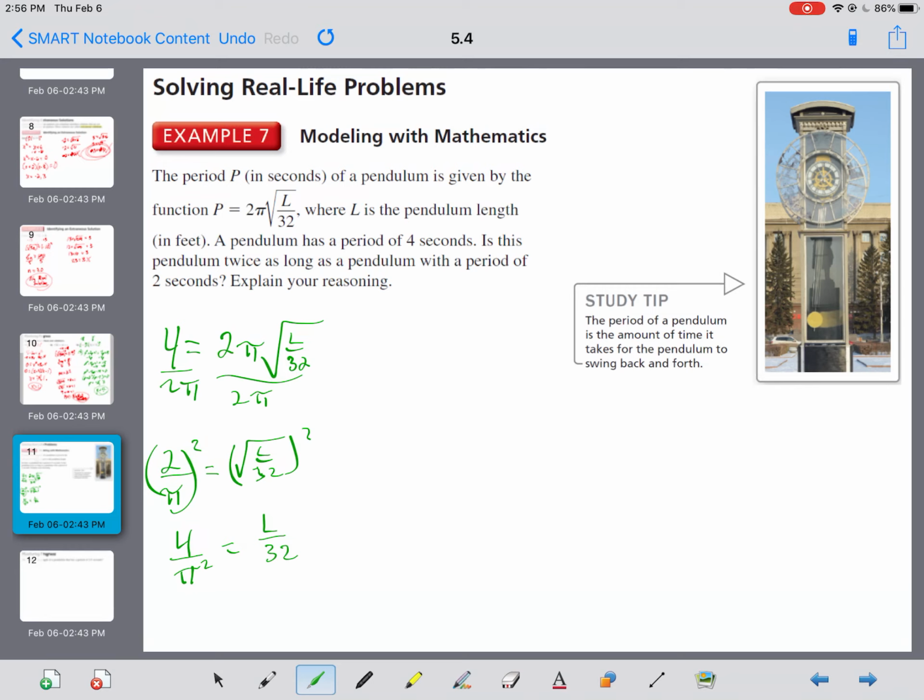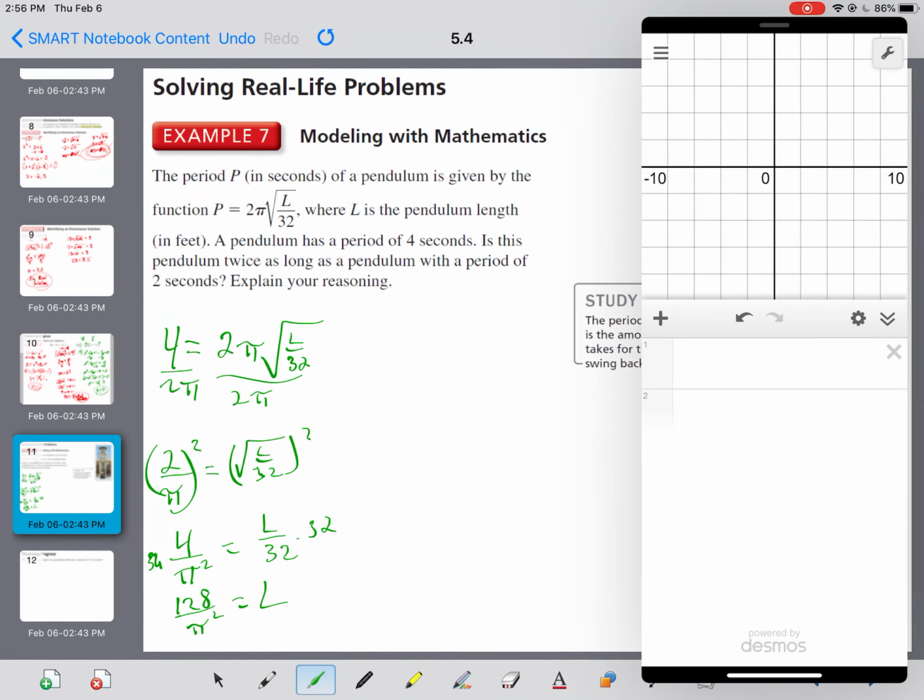And we multiply by 32. We get 32 times 4, 128 divided by pi squared equals L.